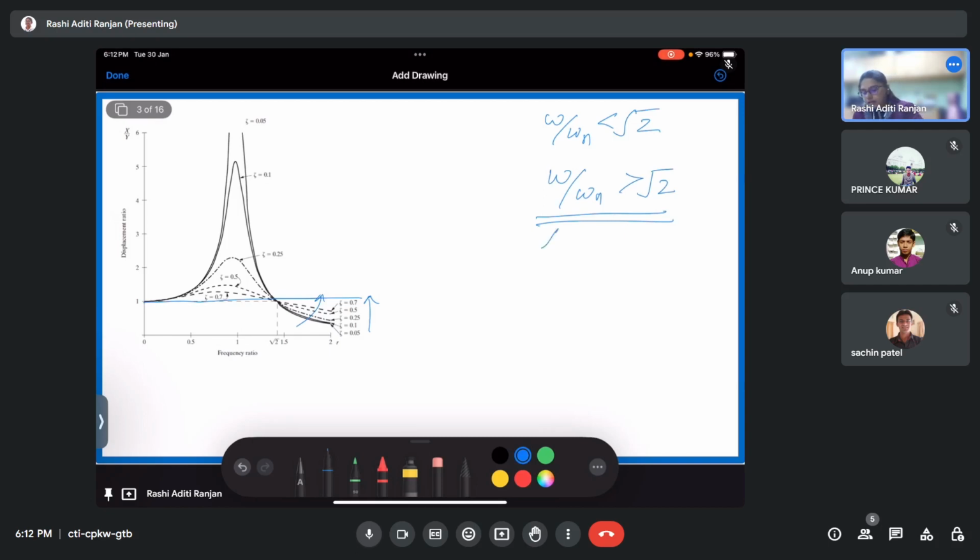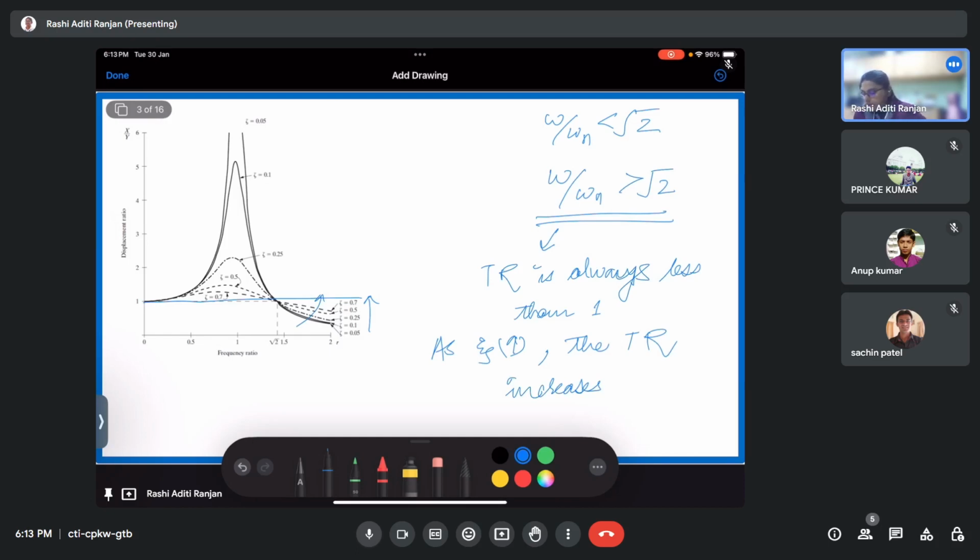So for this case, transmissibility ratio is always less than 1. Apart from that, as epsilon increases, the transmissibility ratio increases, isn't it?